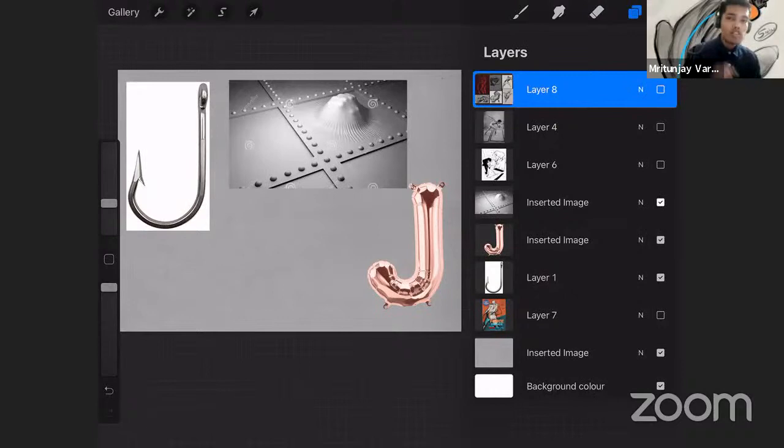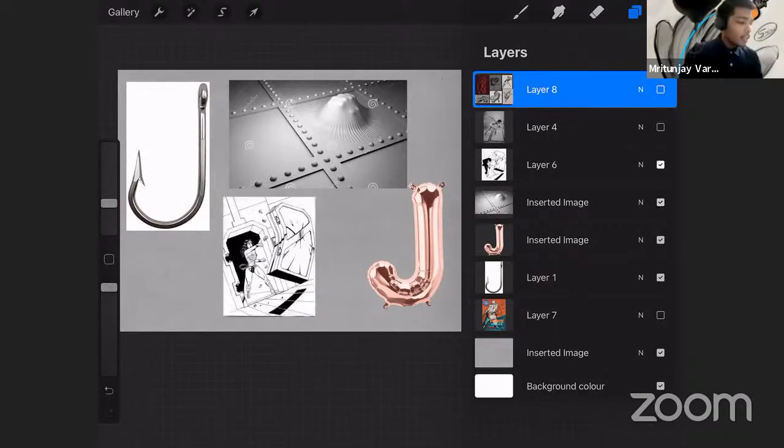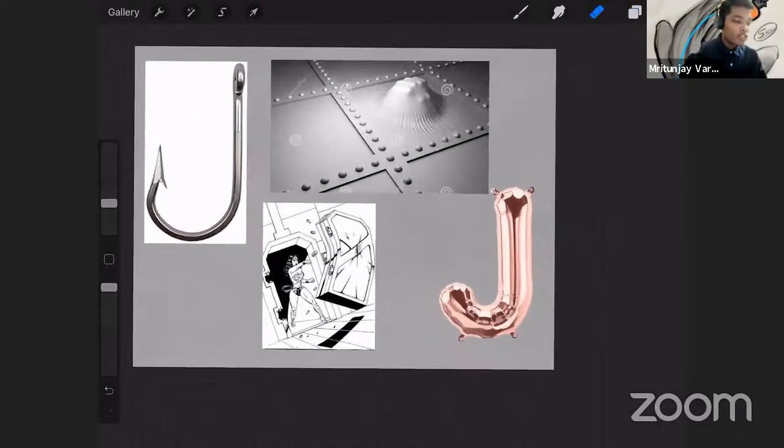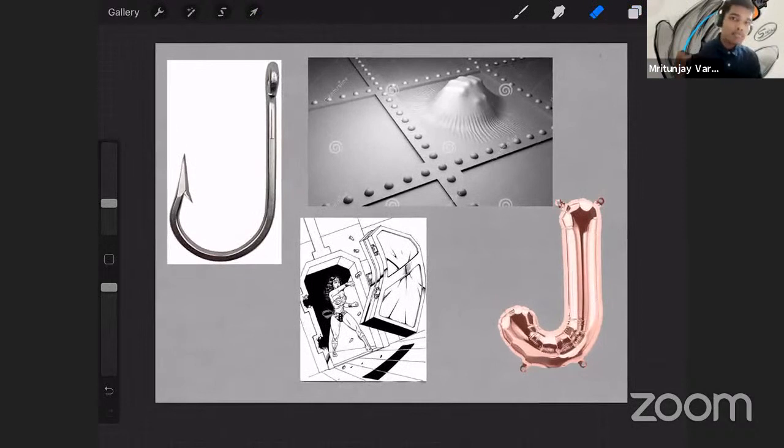You can see the punch right through the steel wall, and a superhero, in this case Wonder Woman, punching through the door. So what do you think the relationship between these images is? Obviously the fish hook and the J are the same shape, but what is the similarity between all of those things?